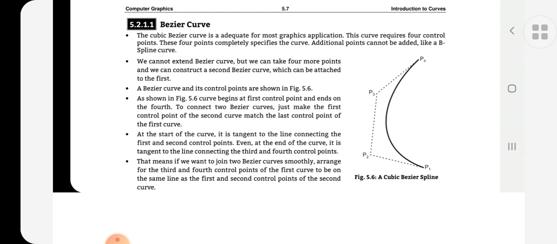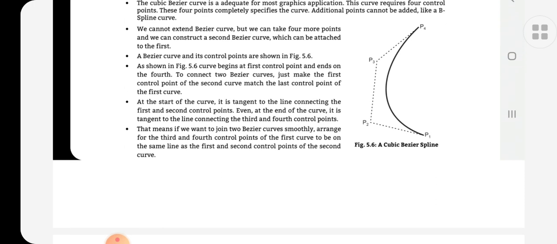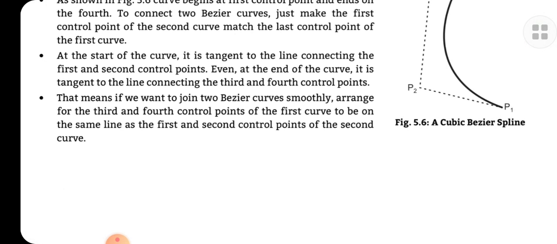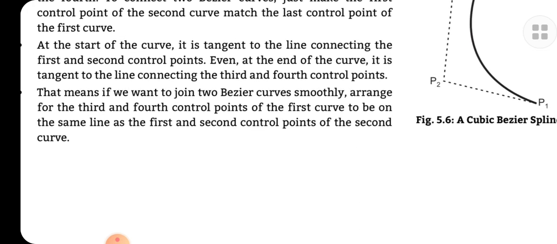A Bezier curve and its control points are shown here. As shown in figure 5.6, the curve begins at the first control point and ends on the fourth. To connect two Bezier curves, just make the first control point of the second curve match the last control point of the first curve. At the start of the curve, it is tangent to the line connecting the first and second control points.